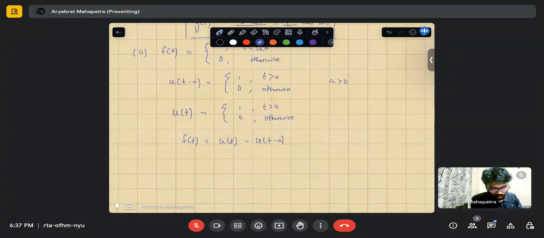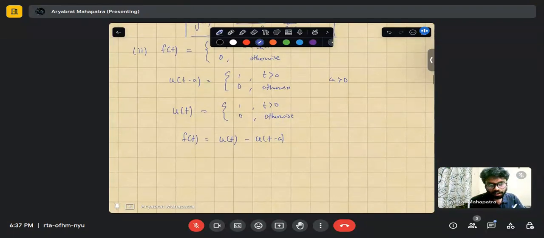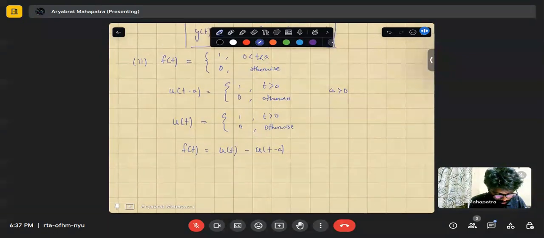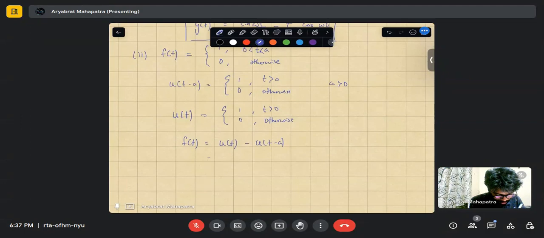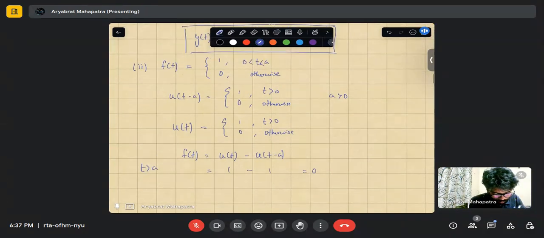Let's check. For example, say t is greater than a. In that case, you will have 1 minus 1, that is 0, because according to this unit step function, whenever t is greater than a it will always be 1. So in both cases it will be 1.